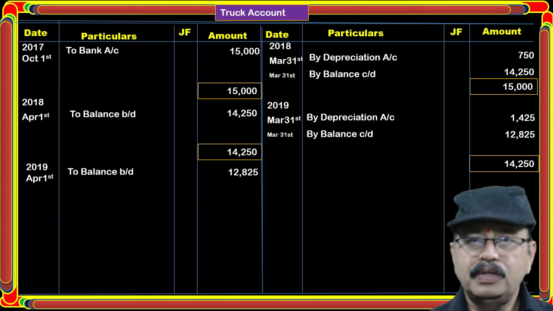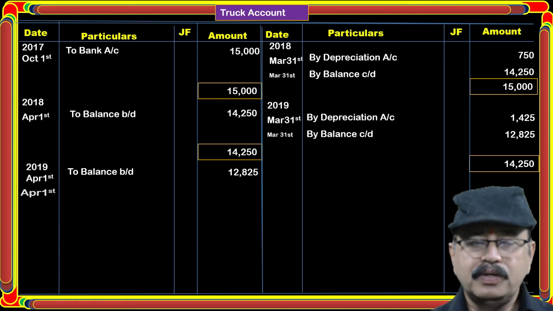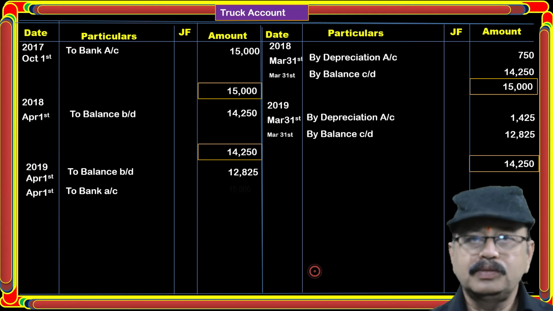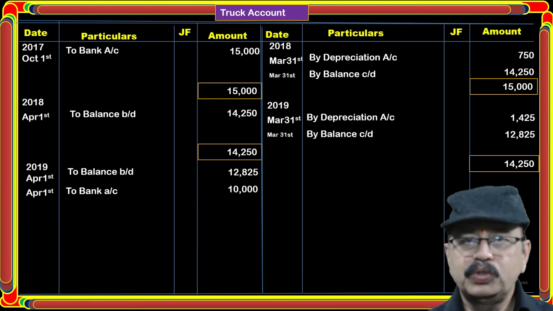So you can remember, in the third year they bought one more truck, that means the second truck. We have to show on the debit side: truck account debit, to bank. So April 1st, to bank account, the amount is 10,000. Then on the credit side we have to show the 2 trucks' depreciation.